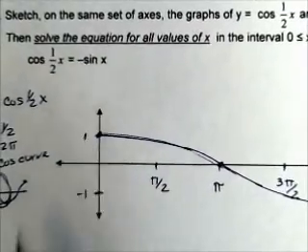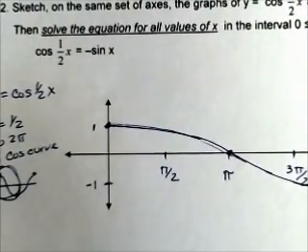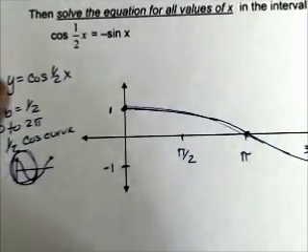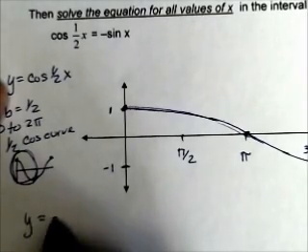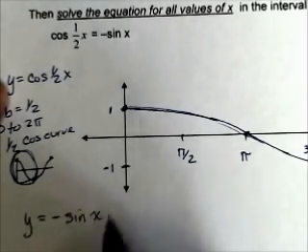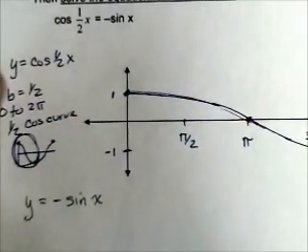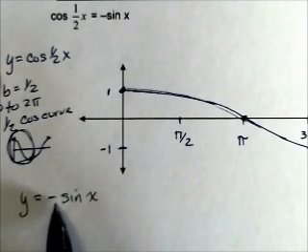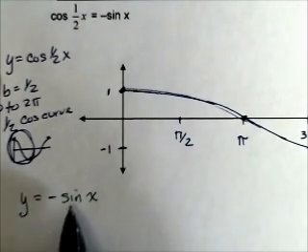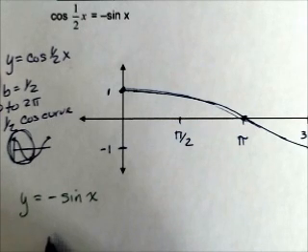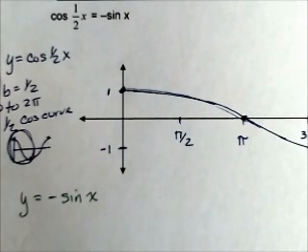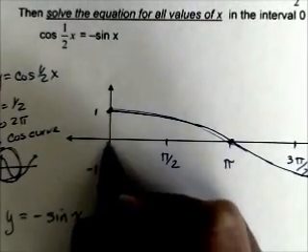Let's label it. Y equals cosine 1/2 x. And now, using another color, we'll graph y equals negative sine x. All right. Our b value is 1, so we have one complete sine curve from 0 to 2 pi. But we're starting off with negative, so this is an inverted sine curve. So we'll start at the origin.